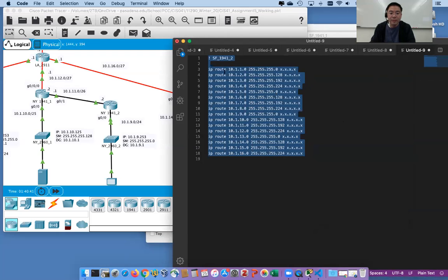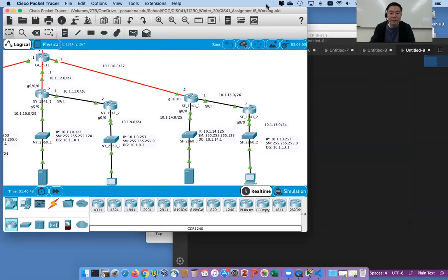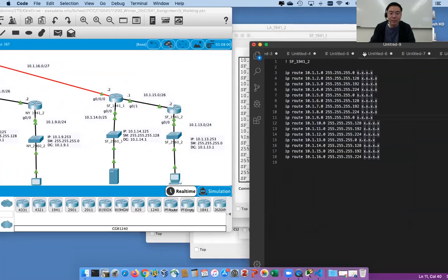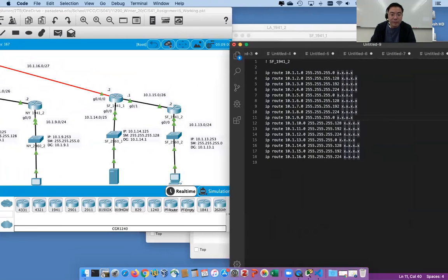Okay, so this one hadn't been done yet. So we could just go through it really quick. So we're not concerned about the 13 network and the 15 network.